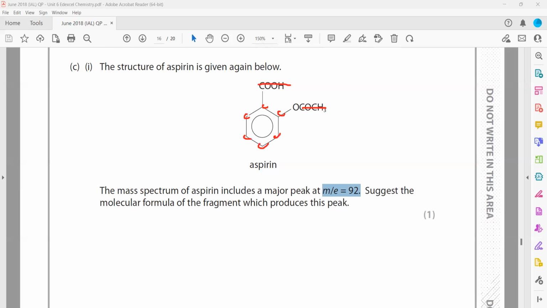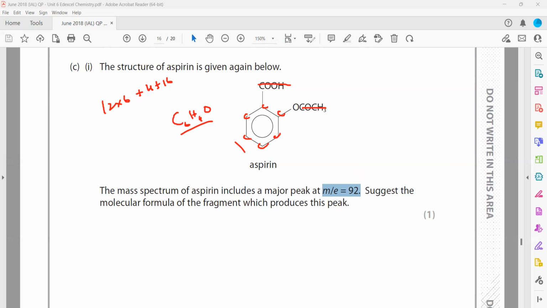So it will be C6H4O. Carbon is 12 multiplied by 6 plus hydrogen 4 plus oxygen 16. So 72 and 20, that will be 92.